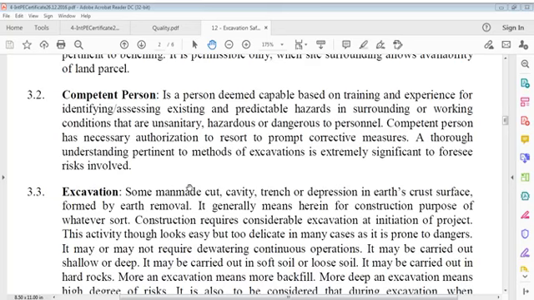A competent person has necessary authorization to resort to prompt corrective measures. A thorough understanding of pertinent methods of excavation is extremely significant to foresee the risk involved.